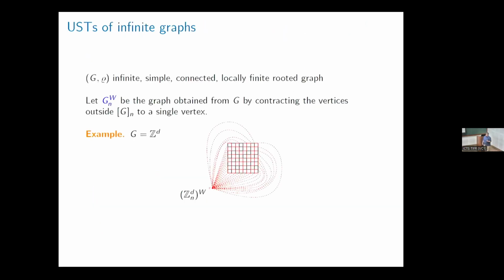Okay, so what we will also use in this project is uniform spanning trees on infinite graphs. Now, we have here our simple connected locally finite rooted graphs. And if I want to define the uniform spanning tree on this one, then there are several things to be careful with. And one of them is that on the space of infinite trees, you cannot talk about uniform distribution. There will be infinitely many trees spanning this one.